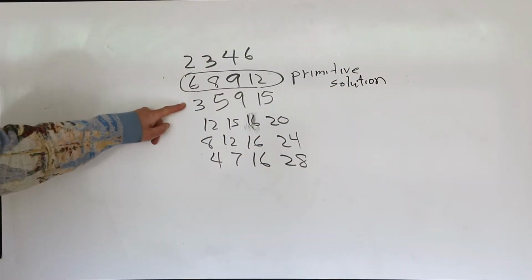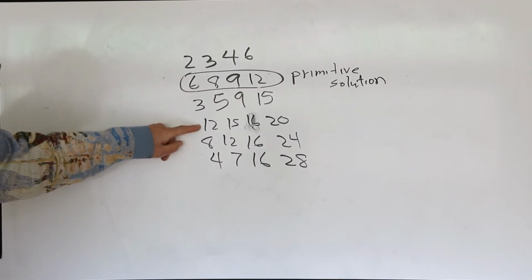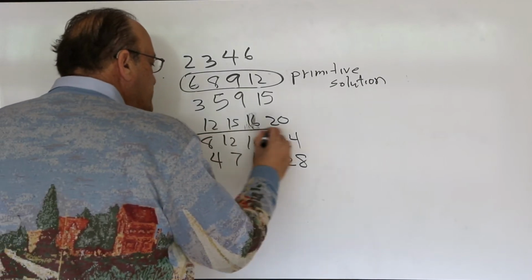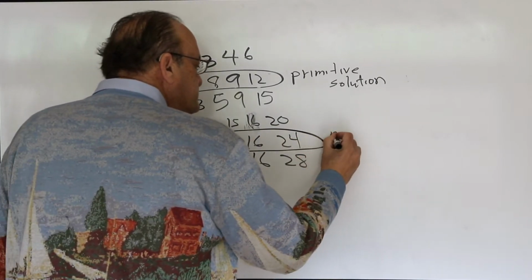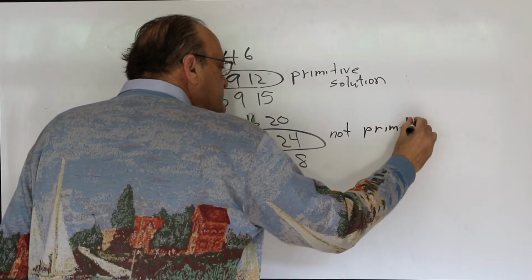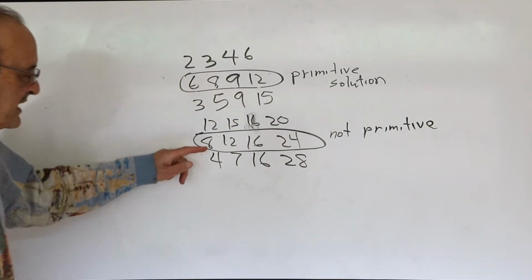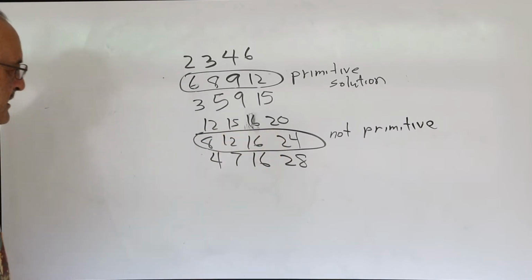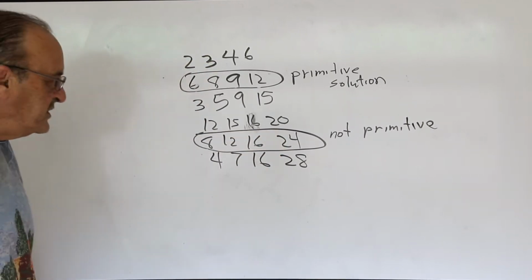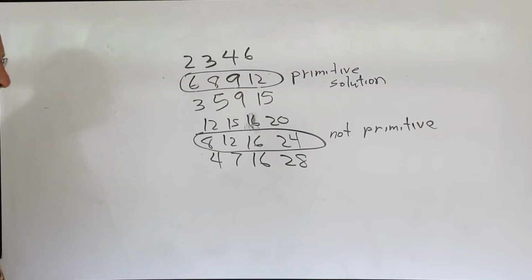This one is also primitive. This one is not, because we can divide by 4, 4, 4, and 4. And when we do that, we get the top result. But the question is, do you get all the primitives by using this pattern? And I was able to prove that you do.